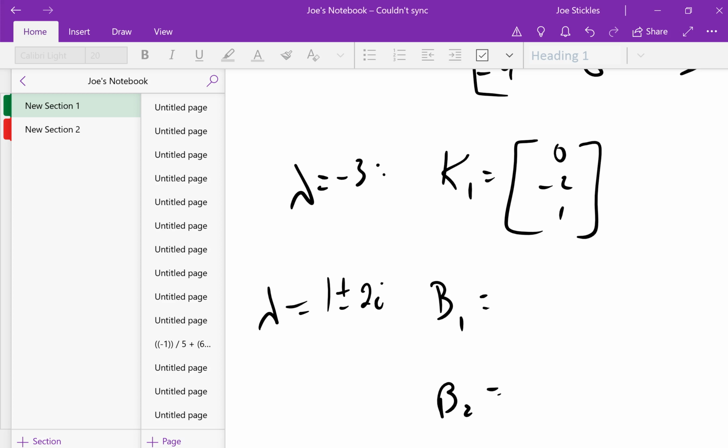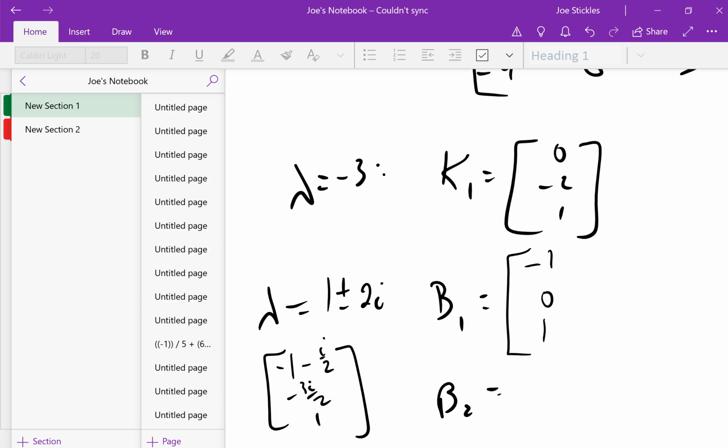So let's write that down. We had negative 1 minus i over 2, negative 3i over 2, and 1. We want the real and the imaginary parts. So the real parts here are negative 1, 0, 1. And the imaginary parts here are negative 1 half, negative 3 halves, 0.